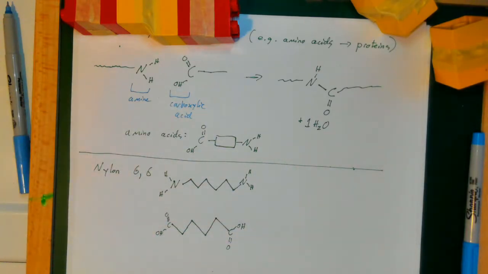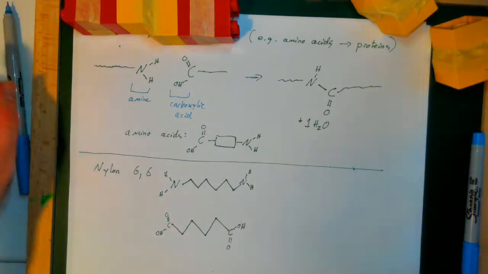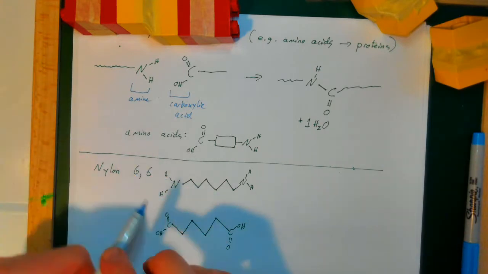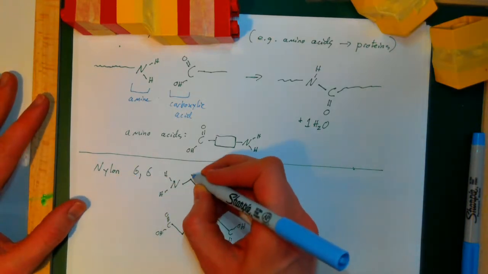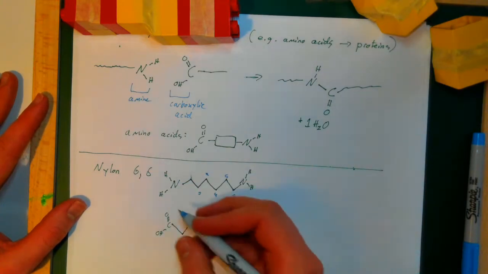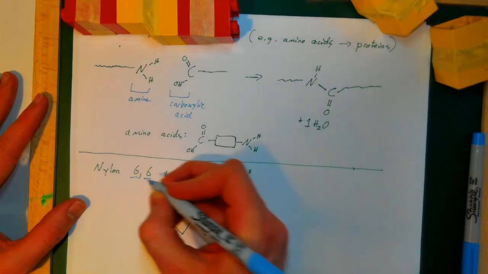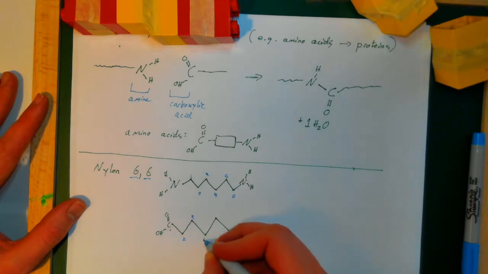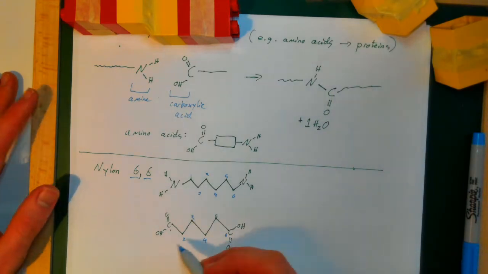So they all react together. The nylon 6,6 specifies the number of carbons: there are 6 carbons in this one, and 6 carbons in this one.